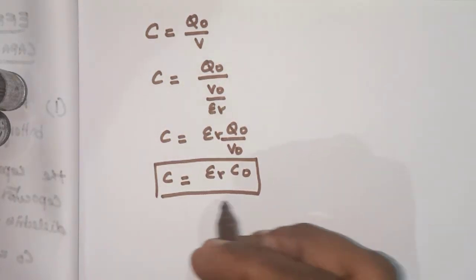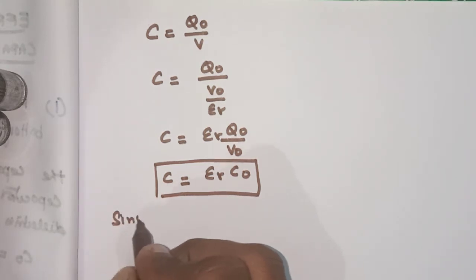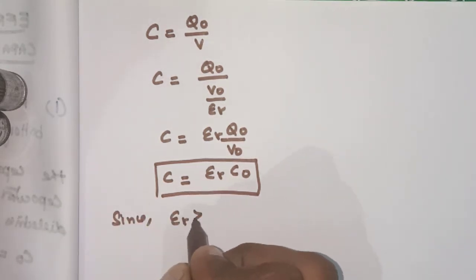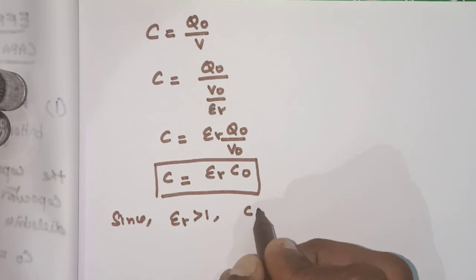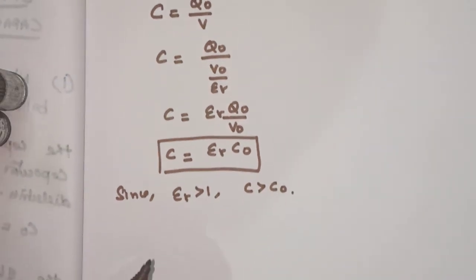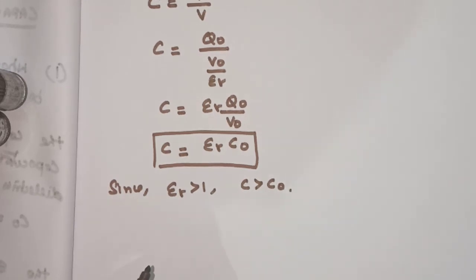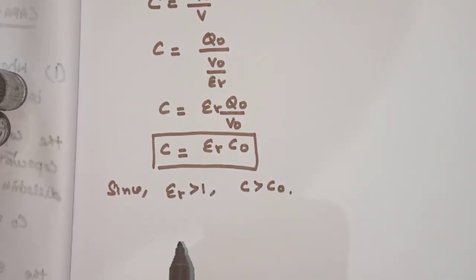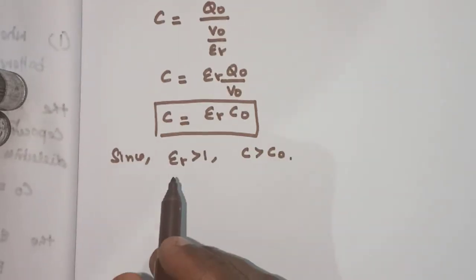Okay, since epsilon r is greater than 1, C is greater than C naught. Thus, on inserting the dielectric, the dielectric constant epsilon r increases the capacitance.